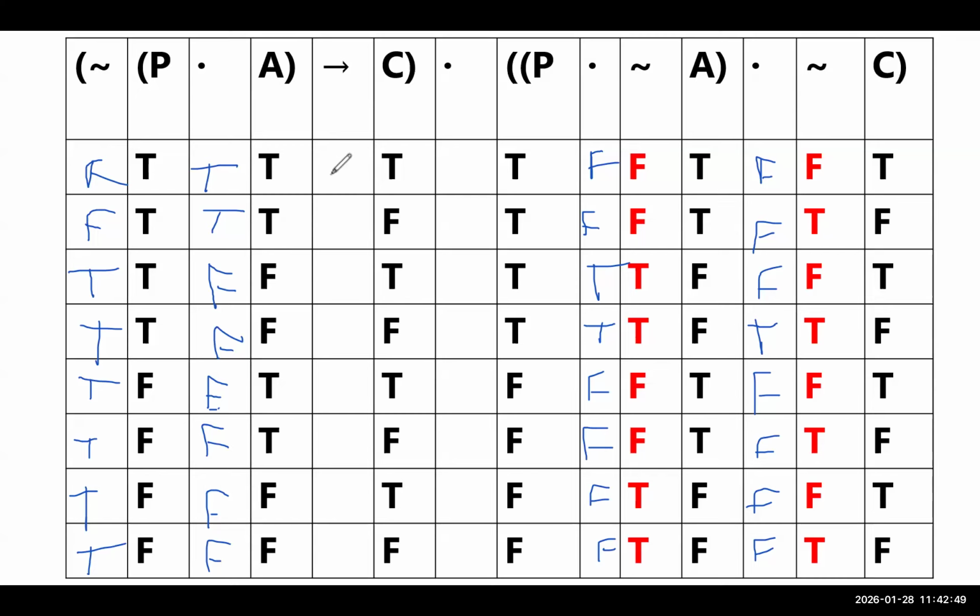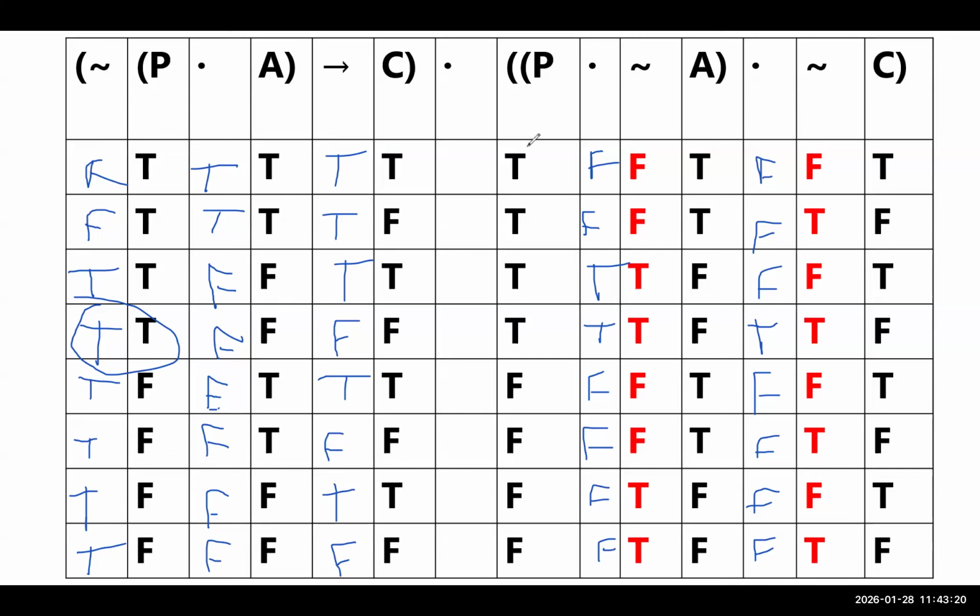So remember, whenever it's false, the whole conditional is true. And the only time it's false is right here when you've got a true antecedent and a false consequent. So there and there. And that's true and that's false. There we go. So now we're going to work on this in between.